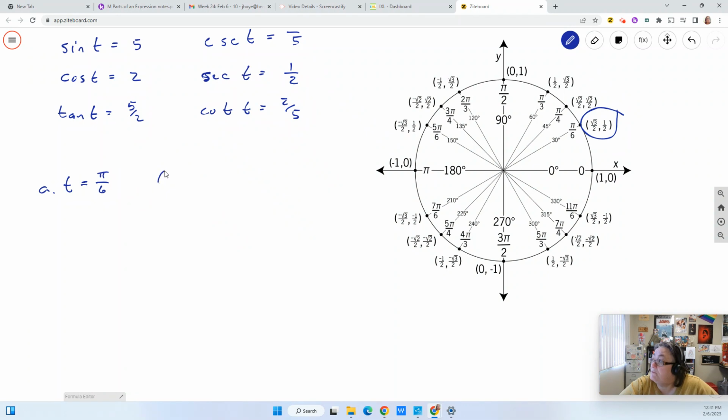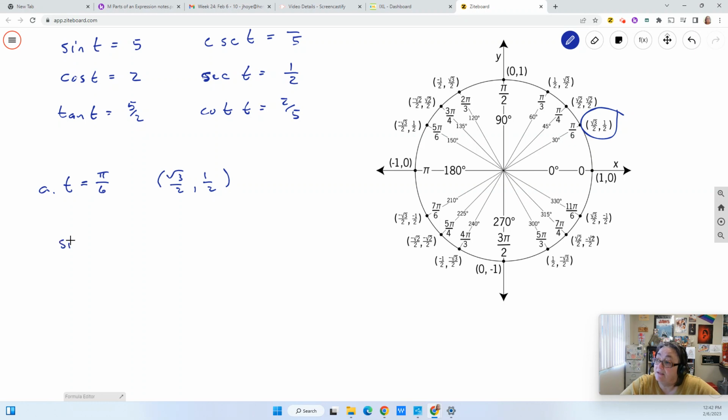And so the points that we would be using here would be radical 3 over 2 and 1/2 for my xy values. Does that make some sense? So I will put this picture of the unit circle into Google Classroom so that you guys have access to it when you're doing this. But you're just going to look for, well, where's pi over 6 on this unit circle, and what are those xy values there? And then we can do it.